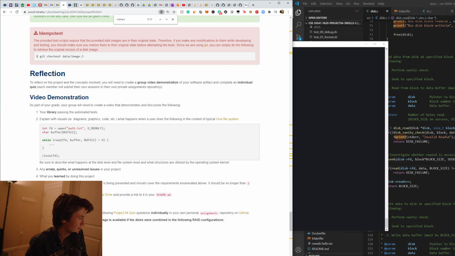What did I learn from this project? I definitely learned way more about the structure and organization of file systems, what the actual layout of the disk is, and how the disk interacts with the operating system to create persistence, one of the core 3 pillars in operating system principles. And it does that in many different ways.